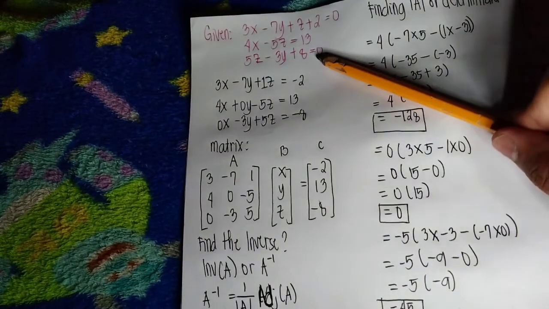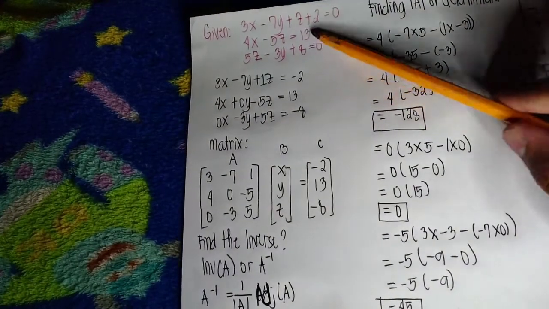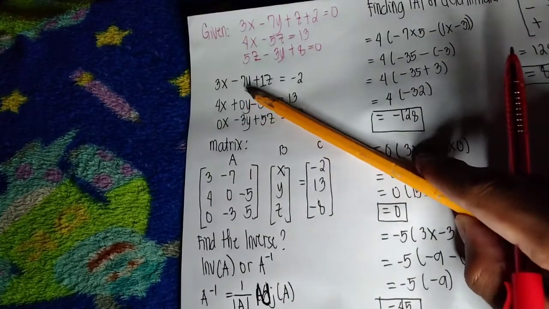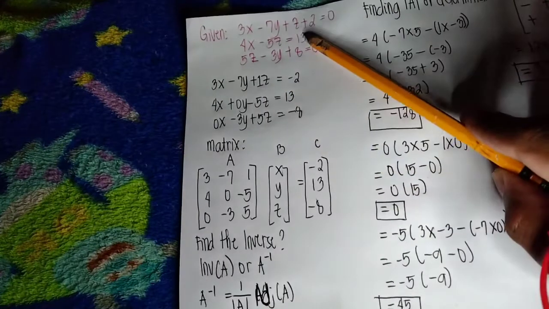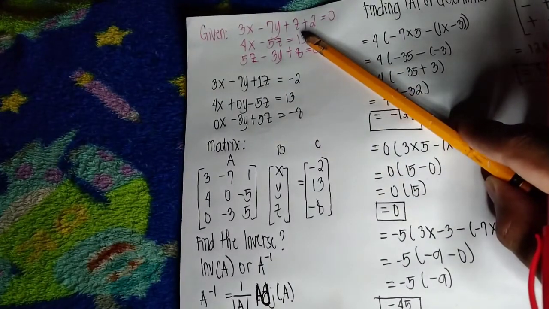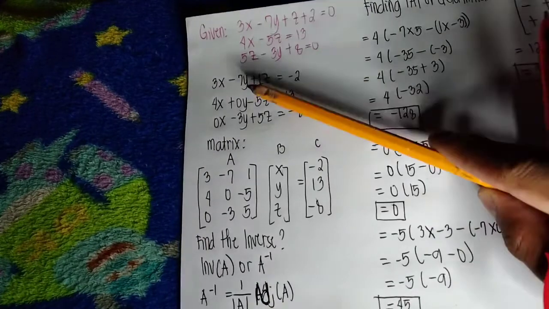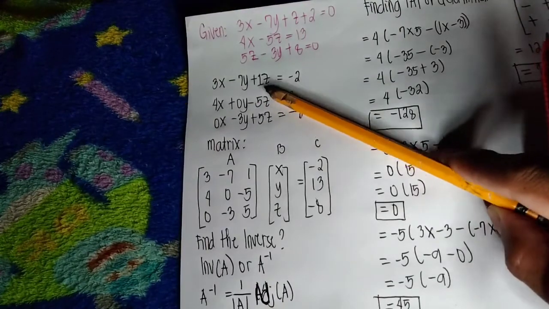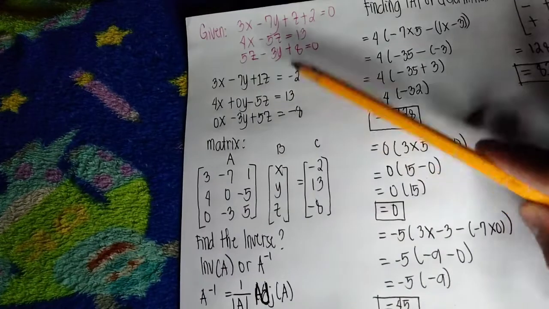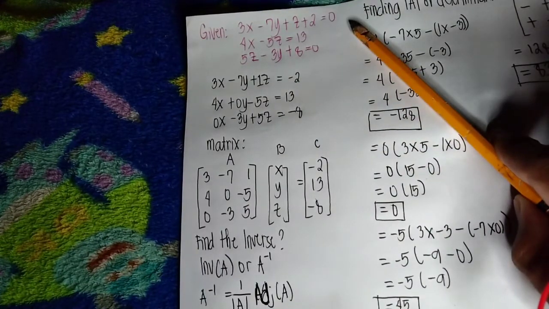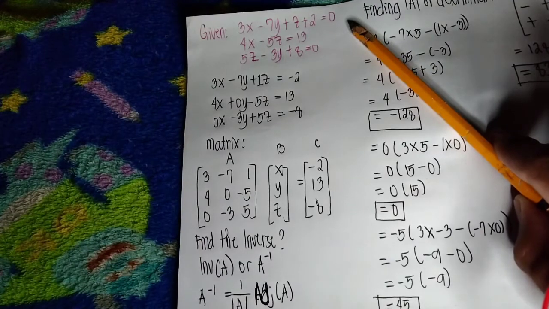So here is 3x minus 7y plus z, since we all know that the value of that is 1, so we include that 1z equals negative 2 kasi we transpose the 2 to the other side, so magiging negative po siya.